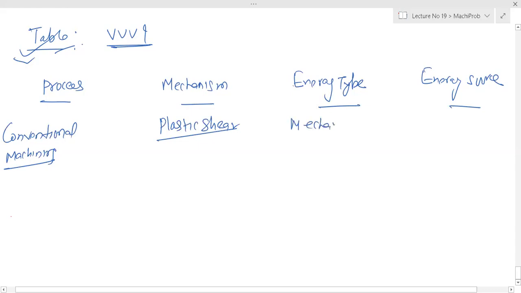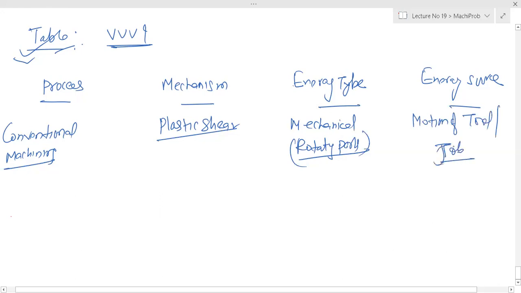That is mechanical, because rotating parts are there: the rotating job and tool. The energy type is motion of either the tool or the job. As energy source, we give motion to the tool, or we give motion to the job. Sometimes in a planer we move the job, and in a shaper the tool. In turning, our workpiece moves, and in drilling, our drill moves.